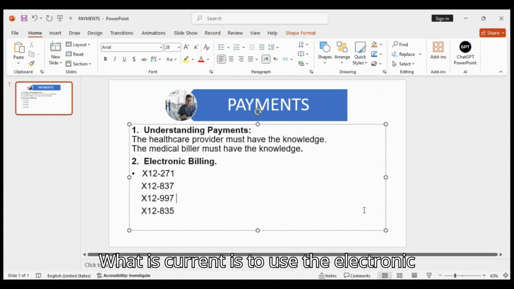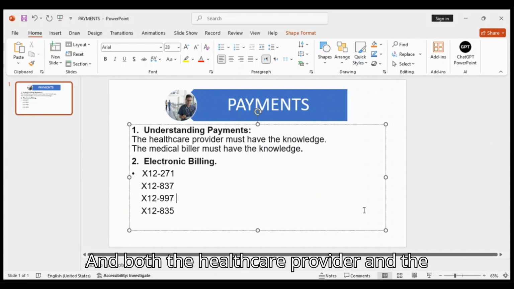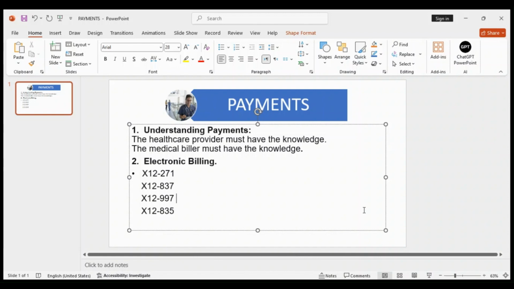What is current is to use the electronic billing system, and both the healthcare provider and the medical biller must have knowledge of the payments, where it begins, how it will be conducted, and the revenue cycle in total.